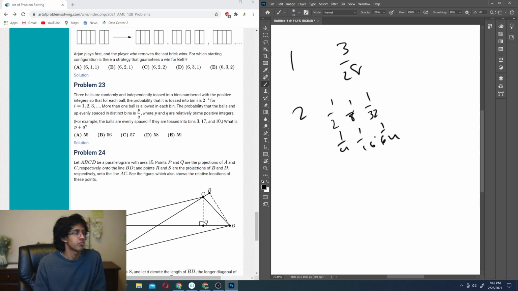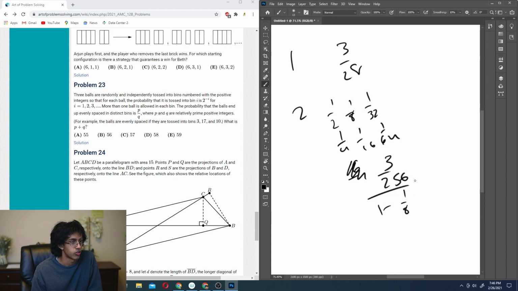What's the common ratio? Each thing gets divided by 2, so the common ratio is 1/8 again. So it's once again 6 over this thing. 8 times 32 is 256, so it's 3/256 over 1 minus 1/8.